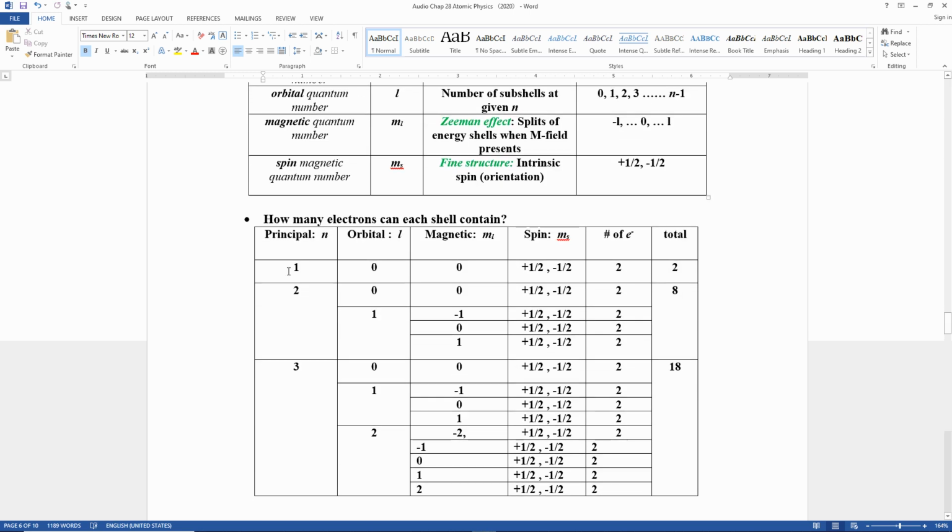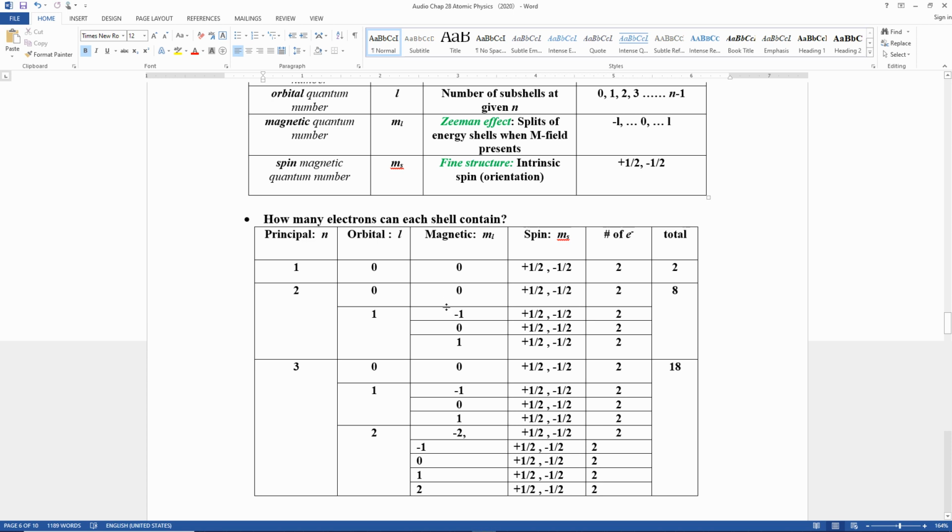So when n equals 1, the second quantum number must equal 0, and the third must equal 0, and the fourth can be positive or negative, so the first shell can hold up to 2. Now when n equals 2, the subshell number can be 0 or 1.